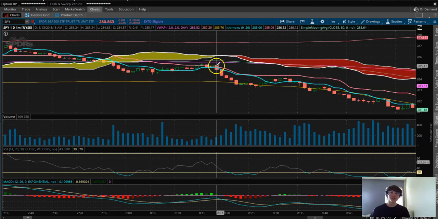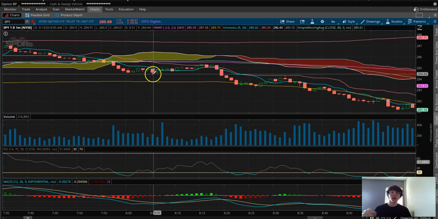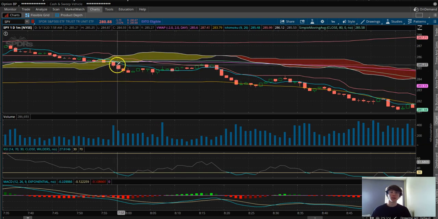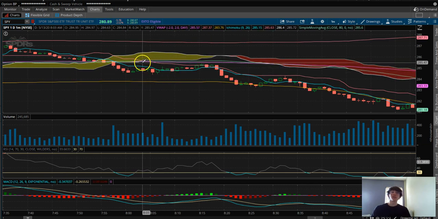So what we notice is that the stock has also crossed below the simple moving average. Now I use an 80-day simple moving average, and it's this greenish bluish line right here. And you can see, right here it crossed below that. You can also see that the Kijun on the Ichimoku study has crossed over the Tenkan, right?